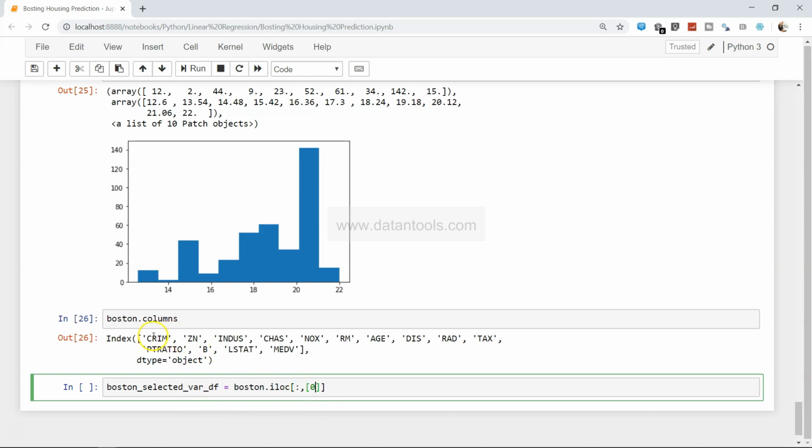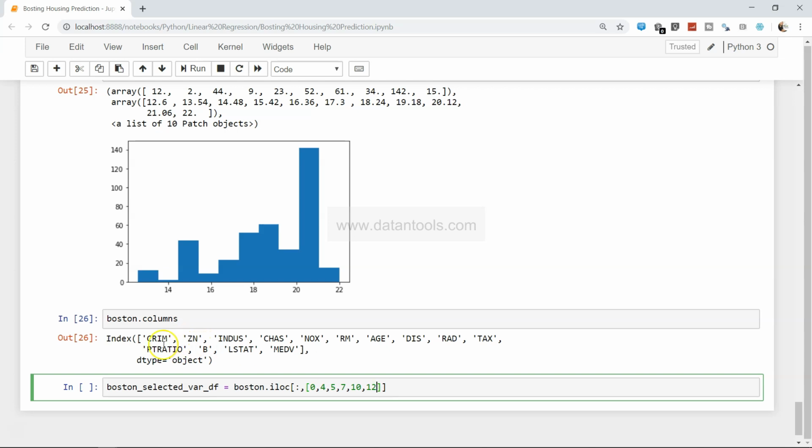So 0 because we need crime rate, 0, 1, 2, 3, 4, which is NOx, what we evaluated earlier, 5 because RM, 5, 6, 7, 8, 9, and then 10 PT ratio. So 10, 11, and 12, right? And then we have this particular crime rate as well.